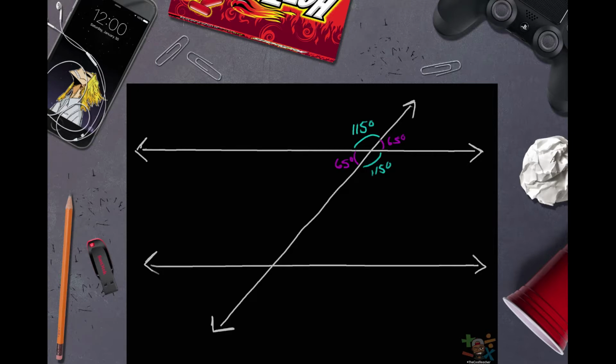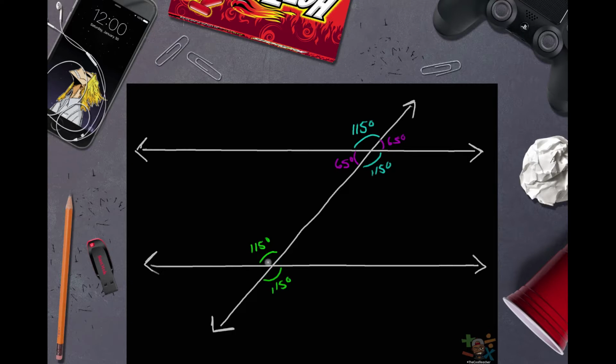And just like here, I'm going to start with this one. In this group, 115 degrees. What faces this? This will also face it at 115 degrees. Because if you look, this angle is like this. This angle is like this. They touch at the nose or they face each other.